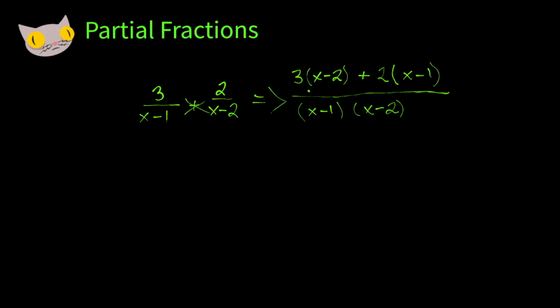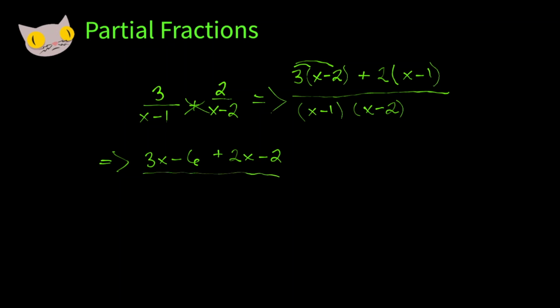And then we can simplify further and distribute the 3 into the x minus 2. So we have 3x minus 6 plus 2x minus 2.